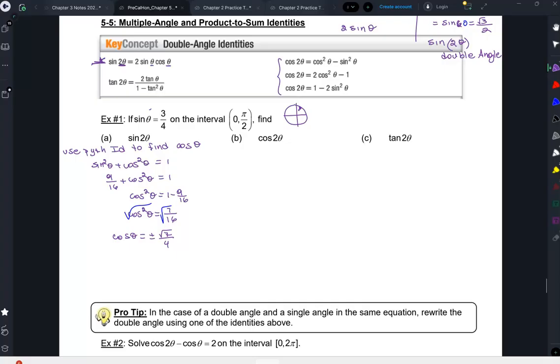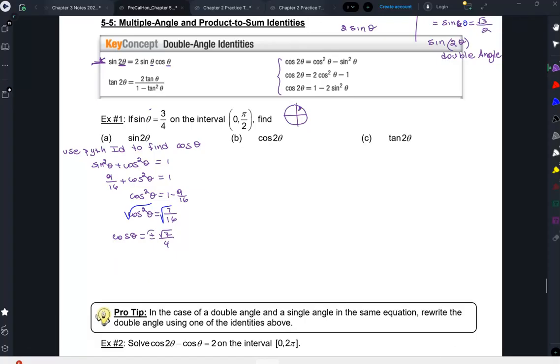No triangle. This is the chapter on identities. You have to know how to do the identities. Now, because we're in the first quadrant, cosine theta is going to be positive, so that's what we're going to take. So cosine theta is root 7 over 4, right?